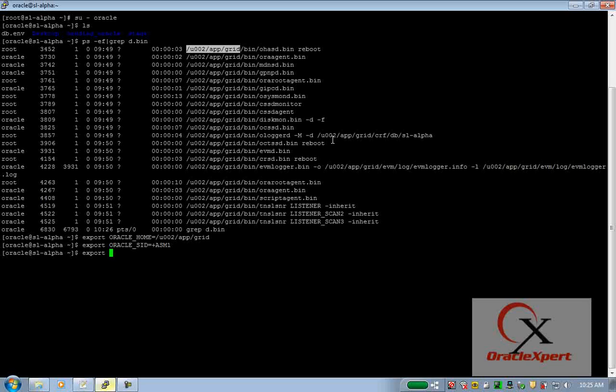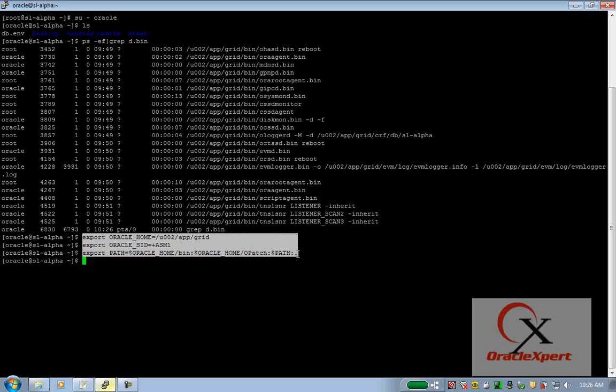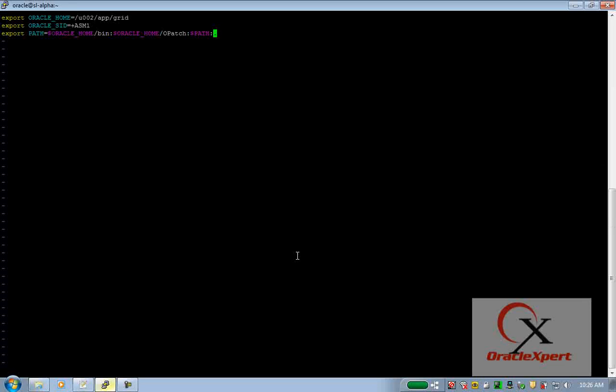Remember, ours is a clustered implementation, so the name of our ASM instance is +ASM1. Good enough to get started with these environment variables. I would, going forward, store this in a grid.env file, so I don't have to define it every now and then.